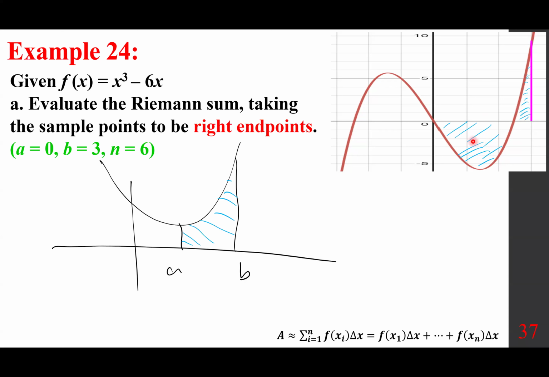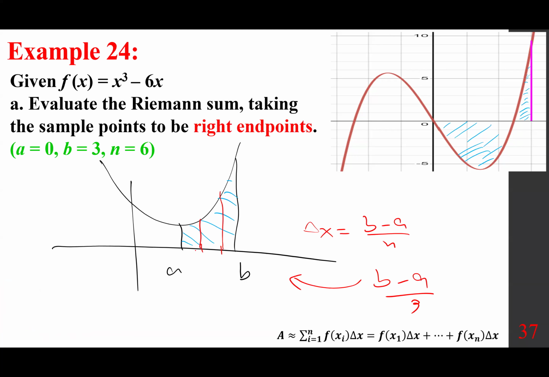So delta x is b minus a over n, and in this case it is b minus a over 3. And so you draw these rectangular strips. Each one has the width delta x, b minus a over n. Now, what is the height though?